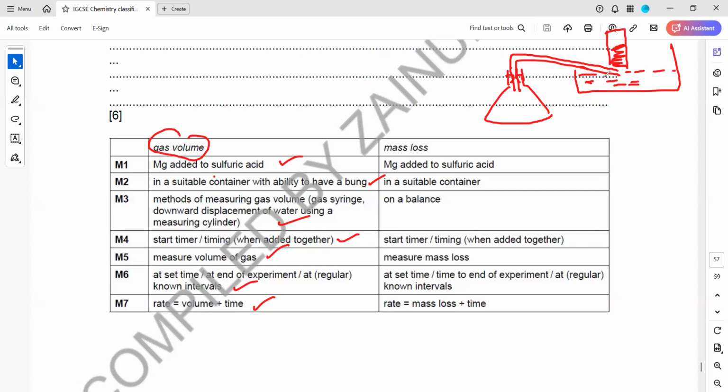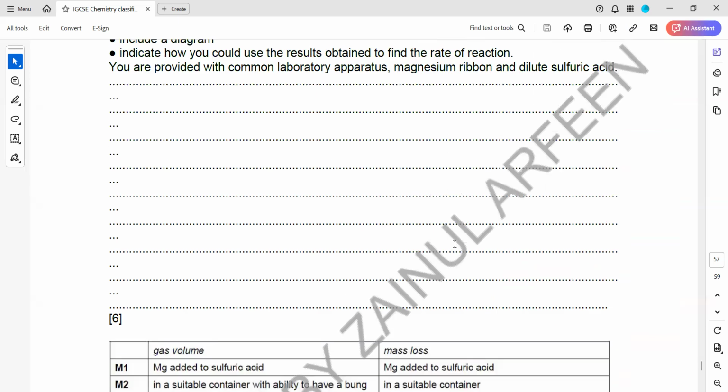So what is the meaning of the term downward displacement? When the gas is given off, the gas will rise up, so the water will be displaced down. That is the meaning of downward displacement of water. A container is there, inverted and filled with water, not fully, and as the gas is released, the water will be pushed out from it. The gas here is hydrogen gas.